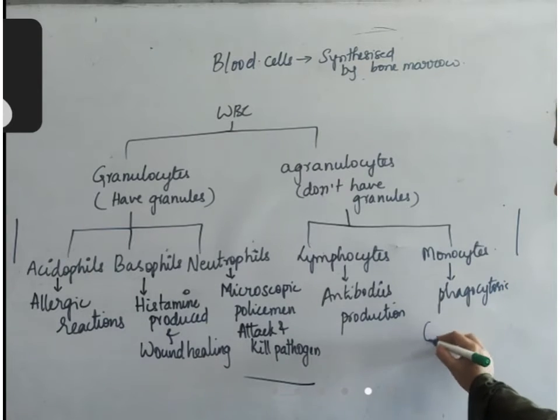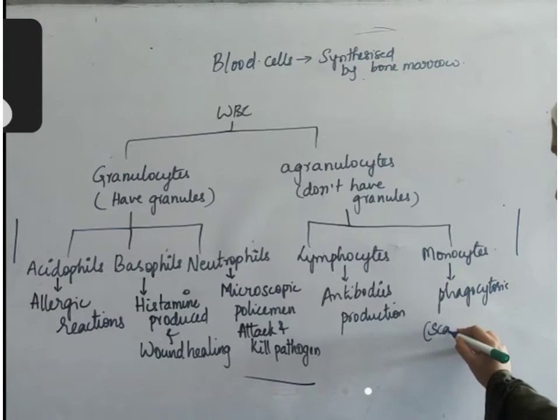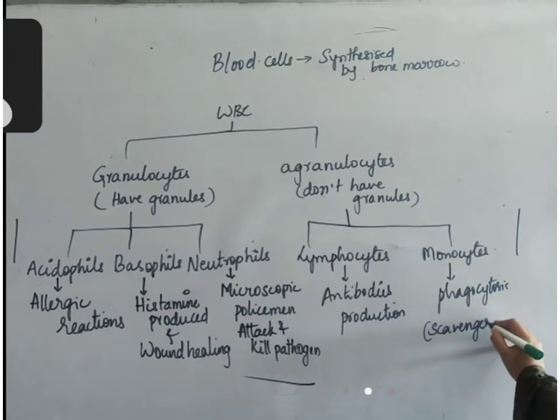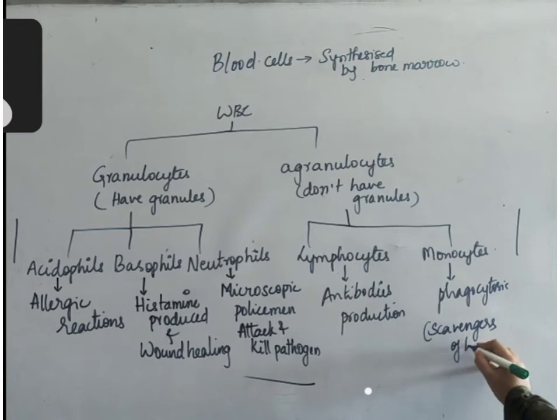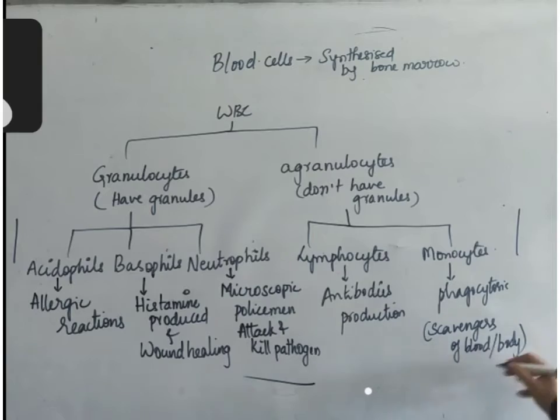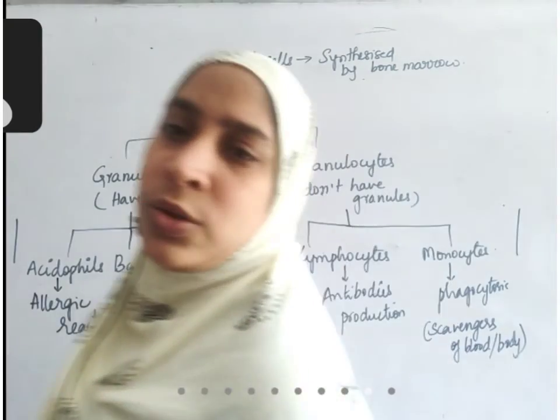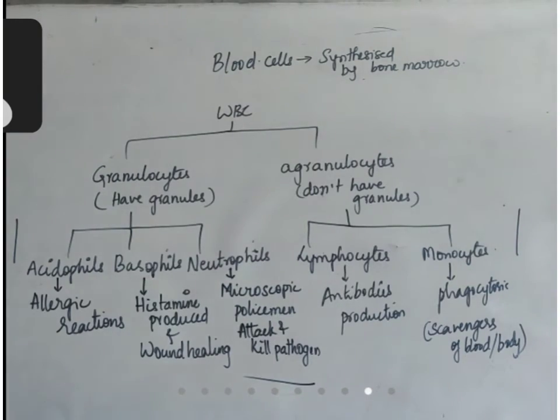So they are called scavengers of blood or scavengers of the body. So this is the function of different WBCs. With this, we have completed the blood cells. Okay, that's all.